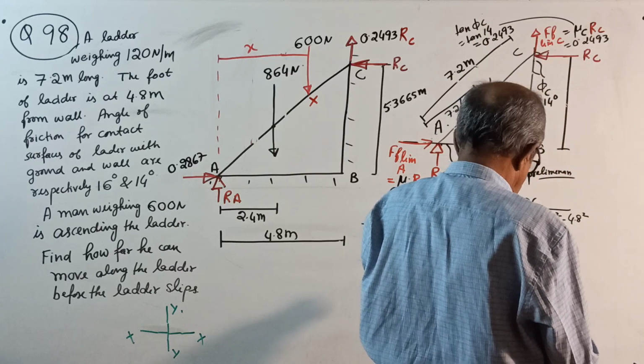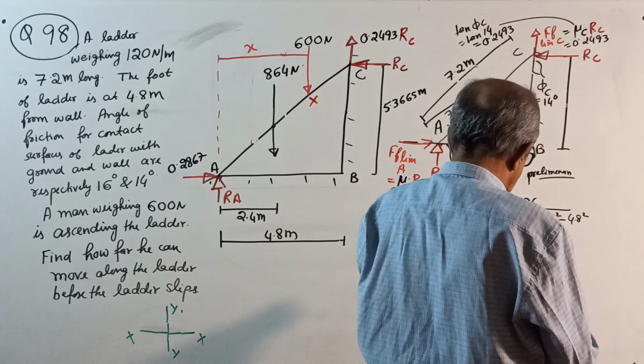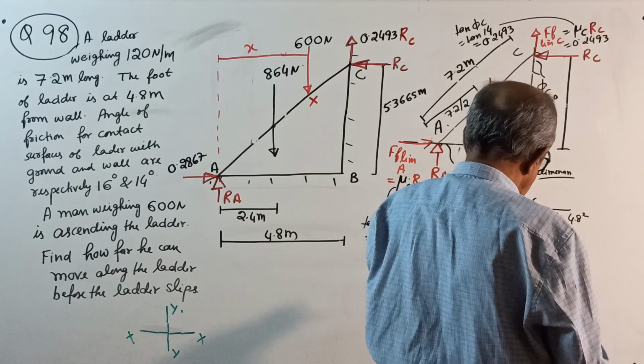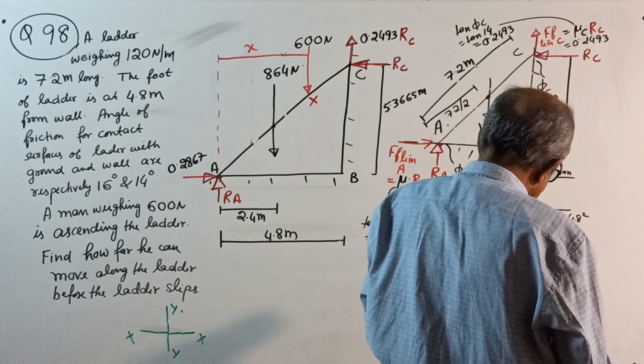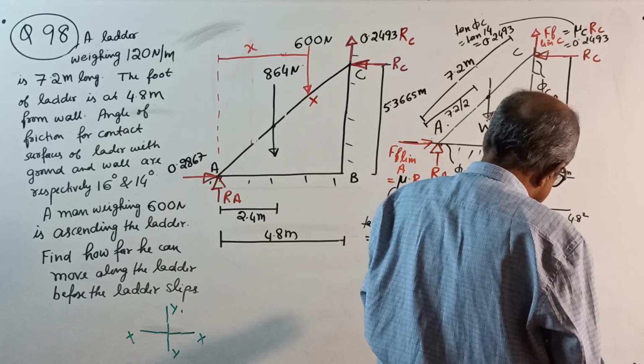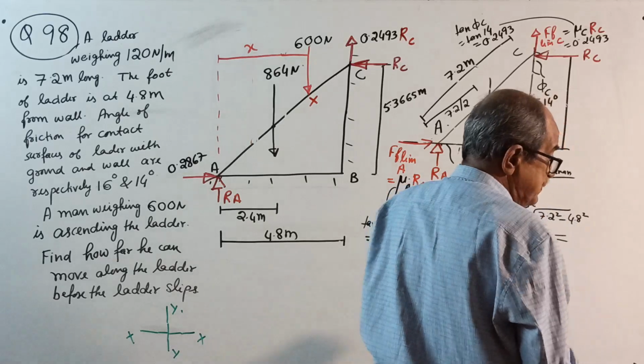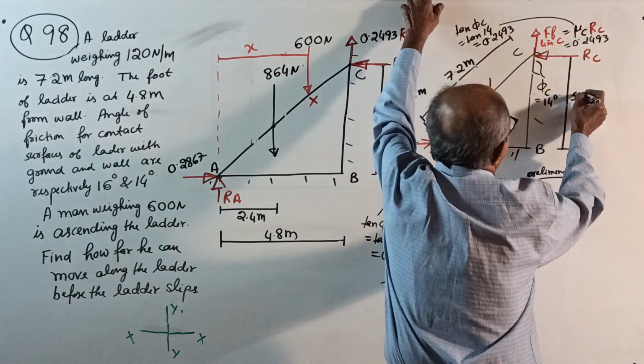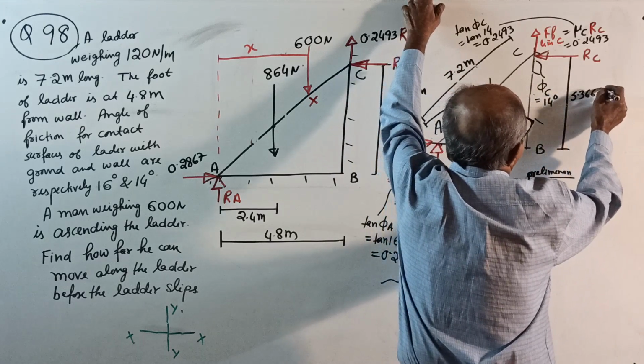7.2 square. Calculator is not on. 7.2 square minus 4.8 square, equal to root, answer equal to 5.3666 meter. Accurate answer. 5.3666 meter.